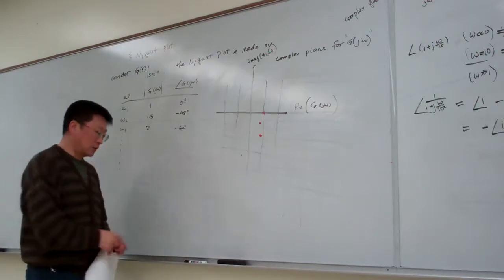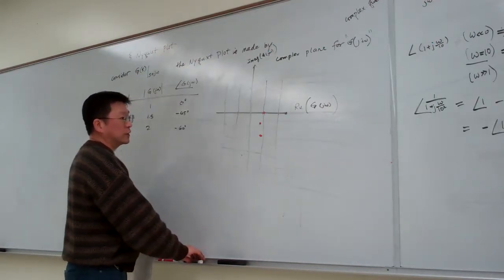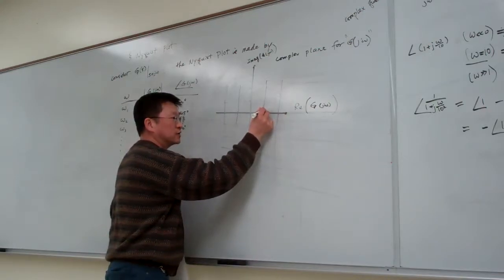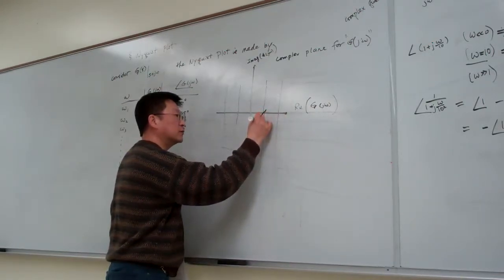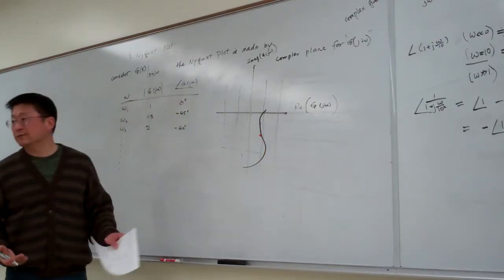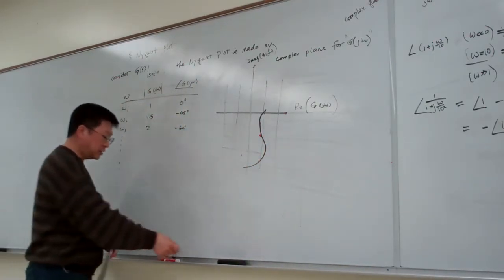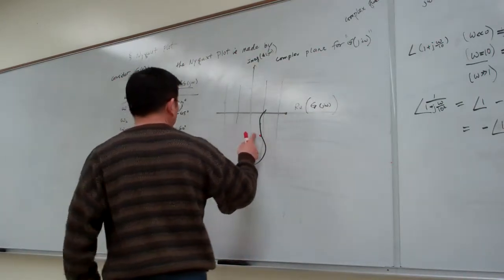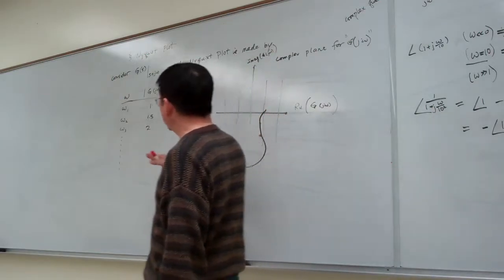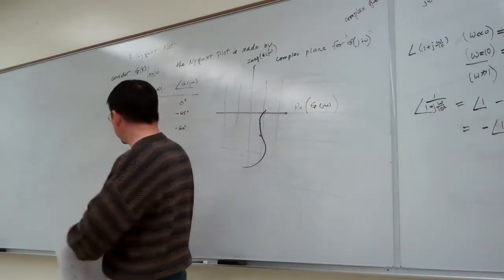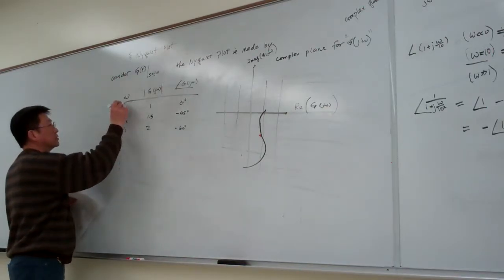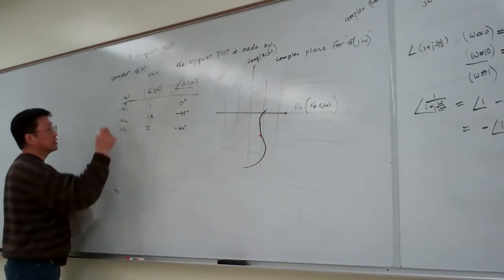If you keep doing this, you can trace the points you calculate. This constitutes a portion of the Nyquist plot. You keep doing this until omega goes from 0 to infinity.